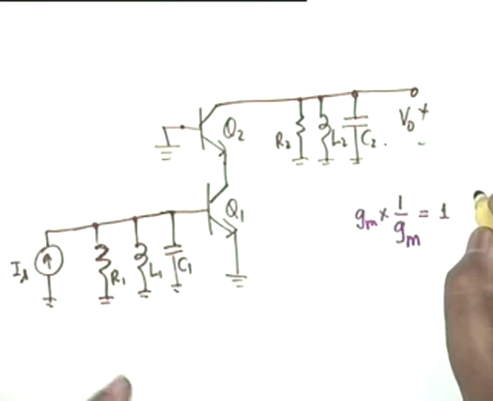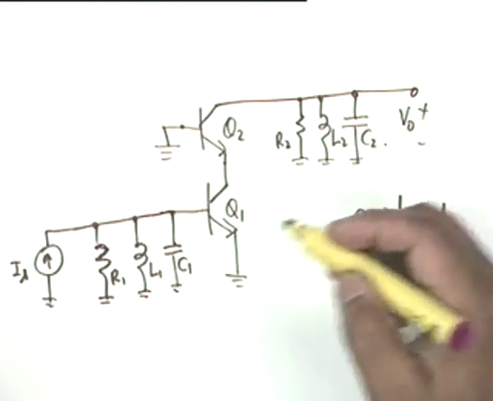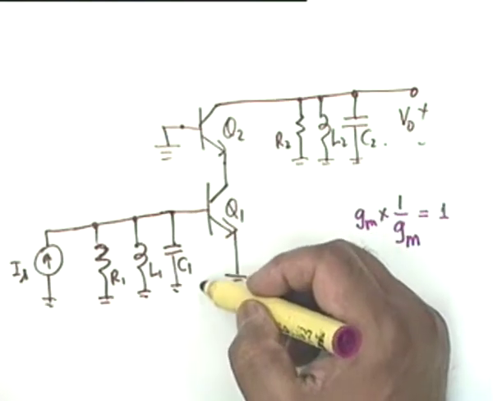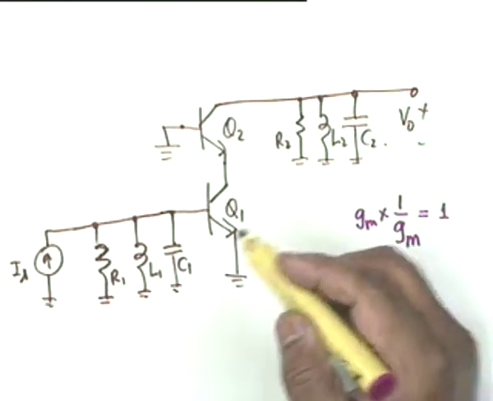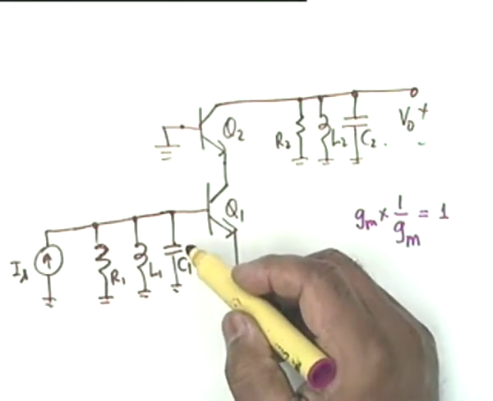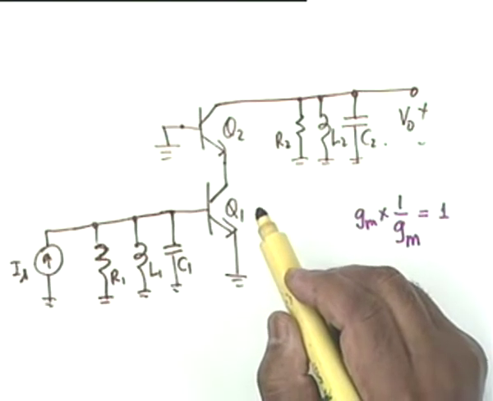So 1 plus gm RL becomes 2. So at the most what is reflected here is 2 C mu. Agreed? No further deterioration, and C1 can then be correspondingly reduced to take care of 2 C mu.